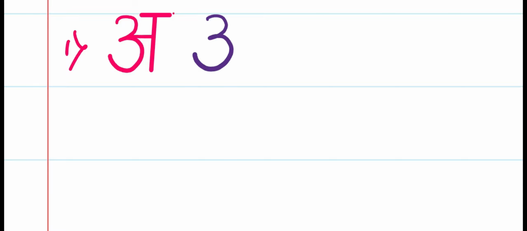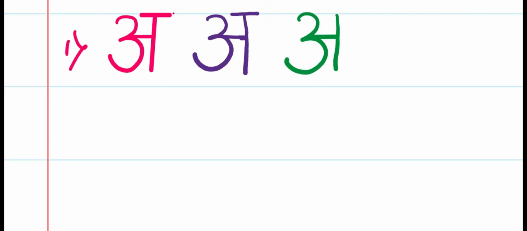You make a three, a tiny horizontal line, a vertical line attaching to that horizontal line, and a small horizontal line on top of it. This is how you make the first vowel.